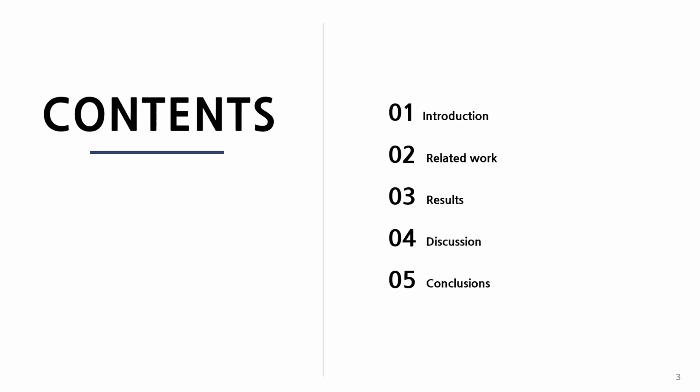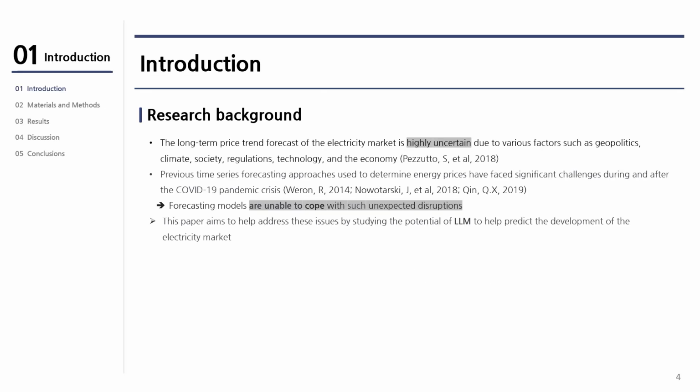The contents follow the same structure as the paper. This is the introduction. The long-term price trend forecast of the electricity market is highly uncertain due to various factors such as geopolitics, climate, society, regulations, technology, and the economy.